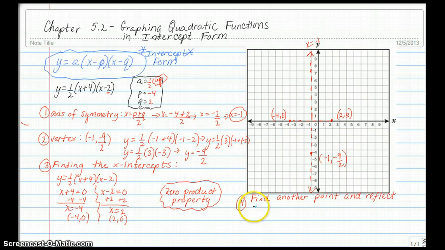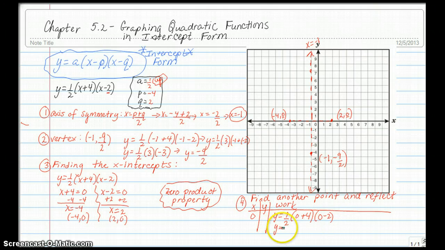So we're going to have x is going to be 0. And our y we'll find out, and our work goes into this equation. So y equals 1/2 times 0 plus 4 times 0 minus 2. Again, it's still going to be pretty simple.